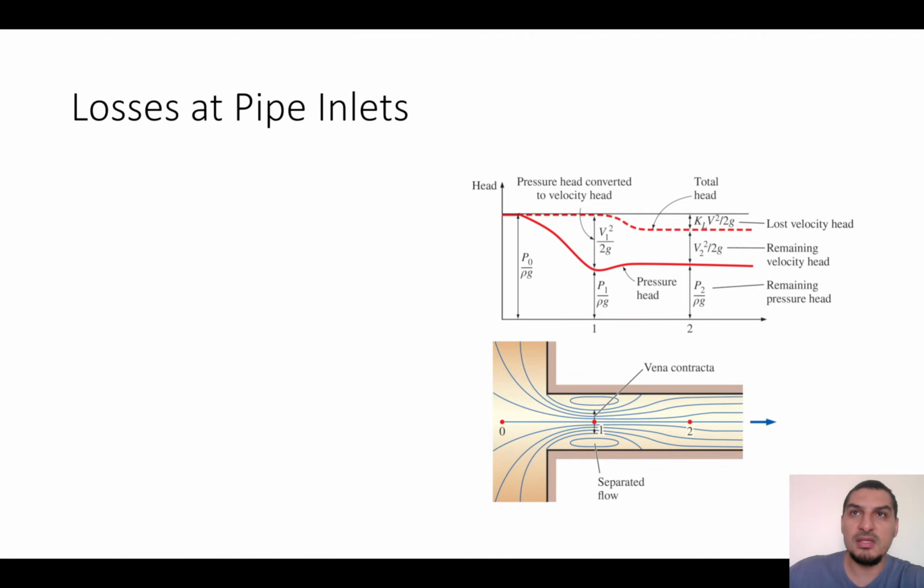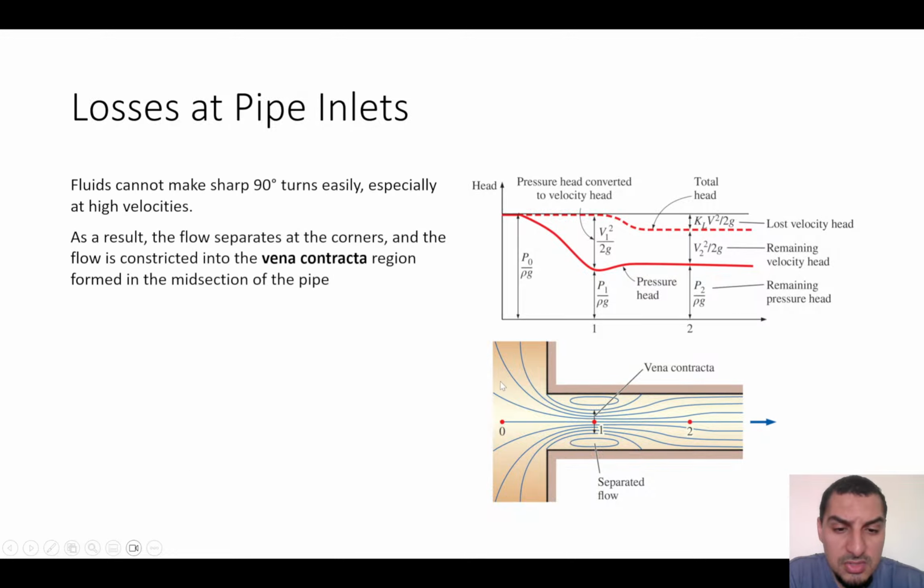For example, the case that we saw before for the tank that discharges the fluid. The fluid didn't flow like this. It went through a radius of curvature. So this is how fluids flow. If it has a sharp edge, then the fluid will go through a radius of curvature like this.